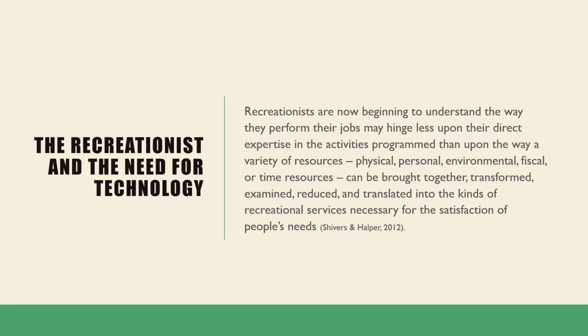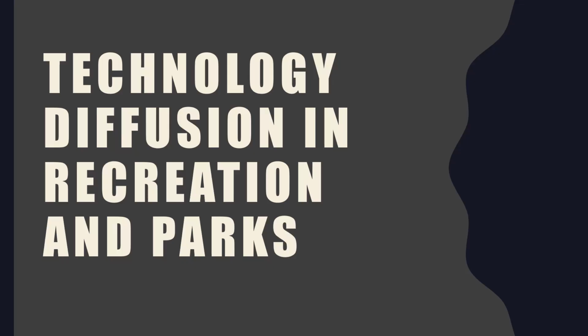Nevertheless, I think what this passage does is establish that the recreation and parks field is not immune to the need to adopt technology. Like I mentioned earlier, the recreation and parks field is not immune to technology diffusion, and there are so many examples that I could delve into to evidence that fact, but here I only have a limited amount of time in this short recording to cover a couple of examples.